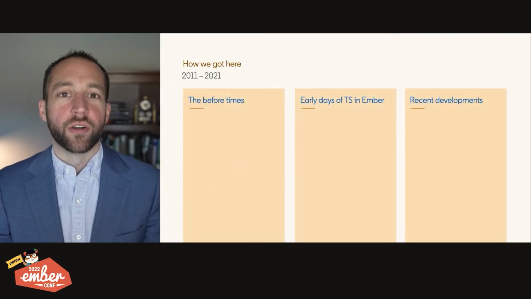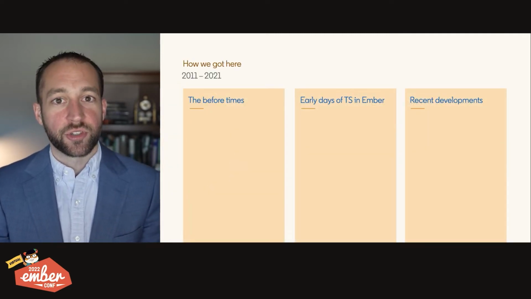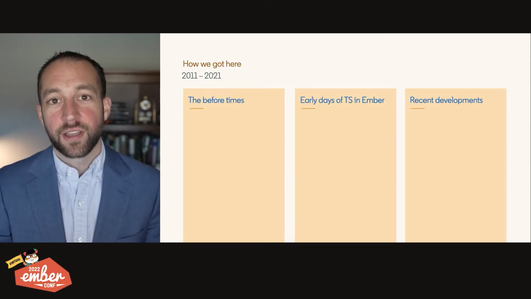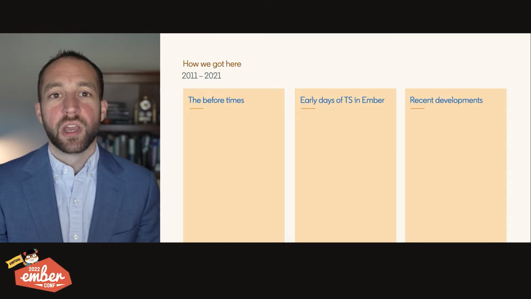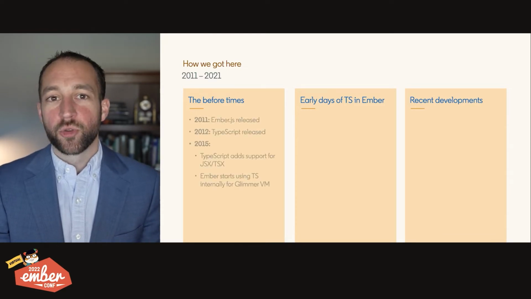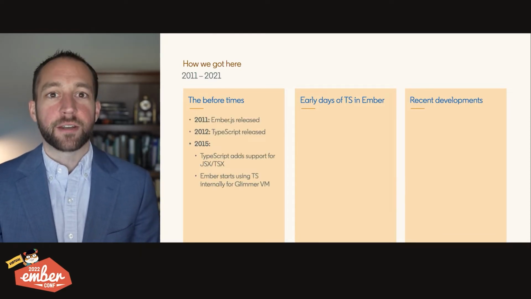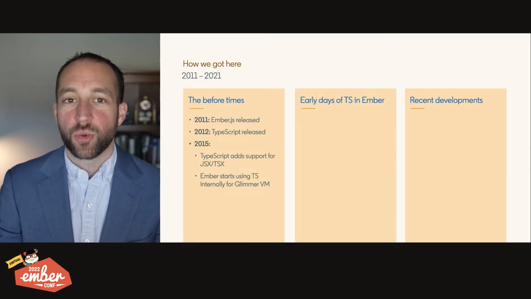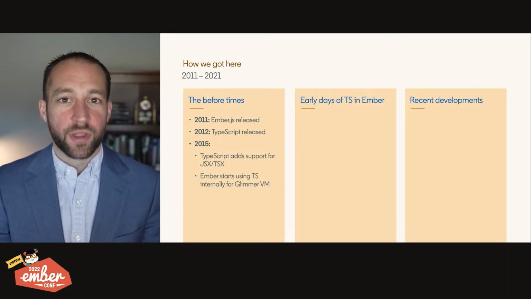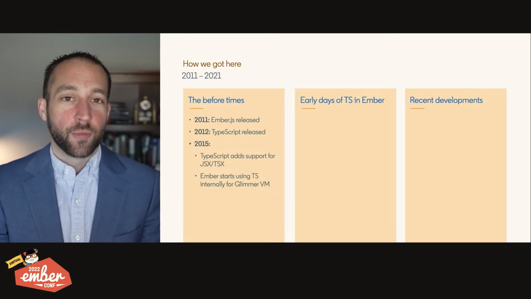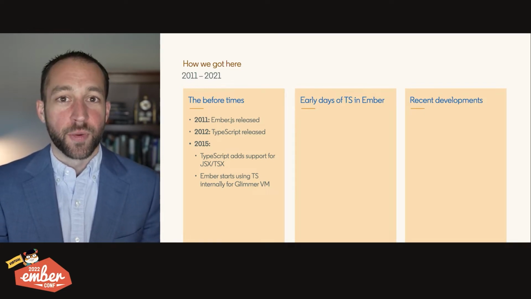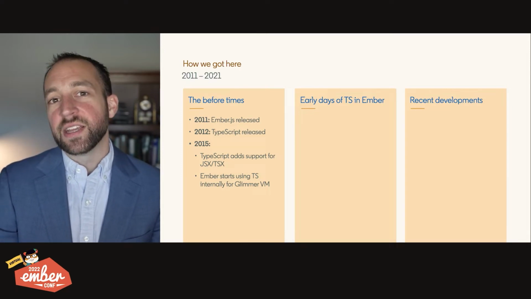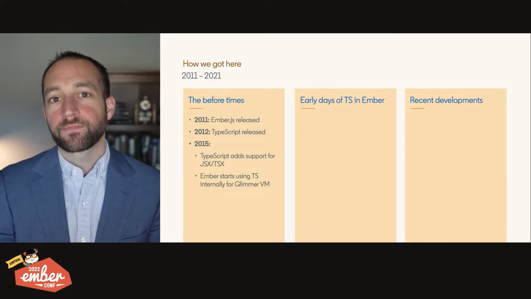There are three broad eras to Ember's history with TypeScript: the before times, the early days, and recent history. The before times run from 2011 through about 2015. Ember itself appeared in 2011, TypeScript appeared in 2012, and they ran in parallel without much overlap other than collaborating on the start of the Decorators proposal all the way back in 2014, until a couple key things happened in 2015.